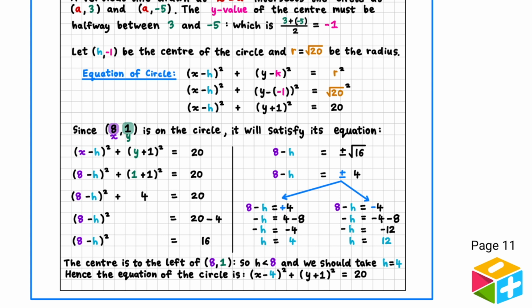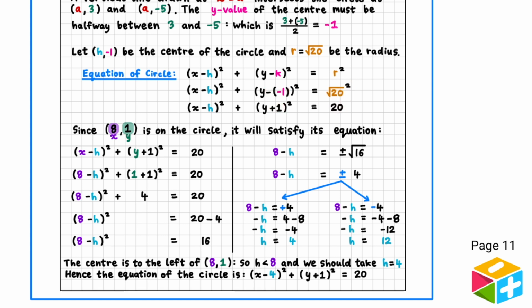It'll be a good idea to sub these values into the equation of a circle formula: x minus h all squared plus y minus k all squared is equal to r squared. h is still unknown, so we leave it as it is. k is equal to minus 1, and r is equal to root 20. Minus minus 1 is plus 1, and root 20 squared is 20. So we end up with x minus h all squared plus y plus 1 all squared is equal to 20.